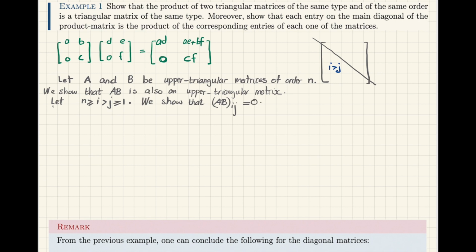Do you agree with me? If I can show this in general, I am done, because my claim is that the product matrix is an upper triangular matrix. So if I choose any entry of the product in which the row index i is greater than the column index j, this should be equal to 0. If I can show this, I am done.